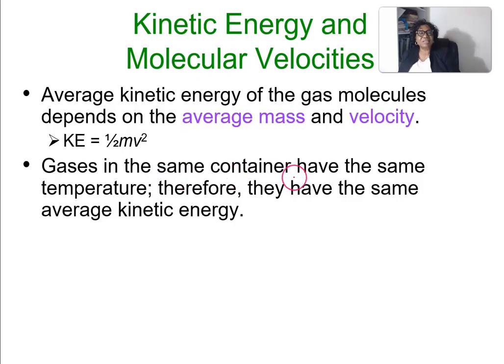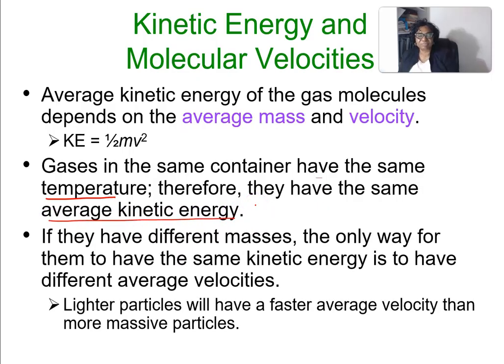So gases in the same container have the same temperature, therefore they have the same average kinetic energy. If they have different masses, the only way for them to have the same kinetic energy is to have different average velocities.